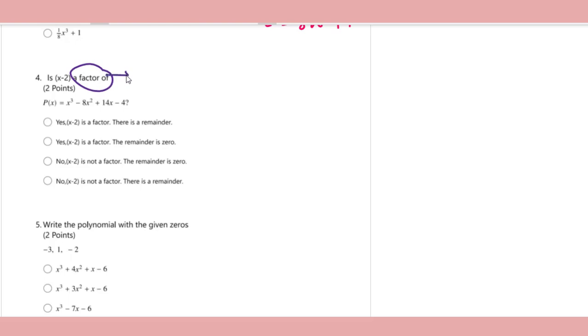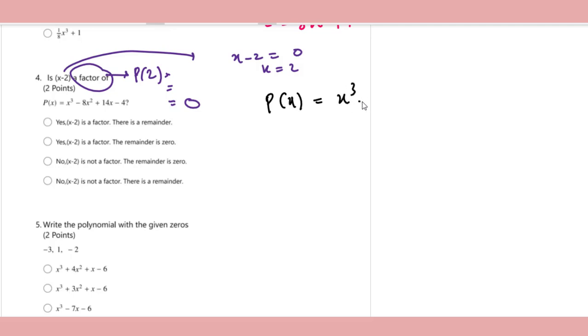Factor means that if x minus 2 is equal to 0, x is equal to 2, substitute 2 inside this polynomial, and the answer is supposed to be 0. If the answer is equal to 0, we can conclude that x minus 2 is a factor of this polynomial. So Px is equal to x cubed minus 8x squared plus 14x minus 4. Then substitute this one by 2.